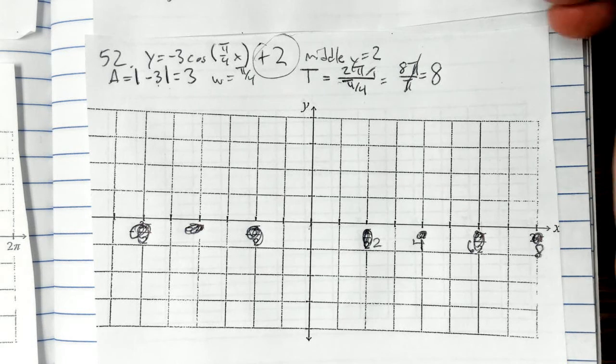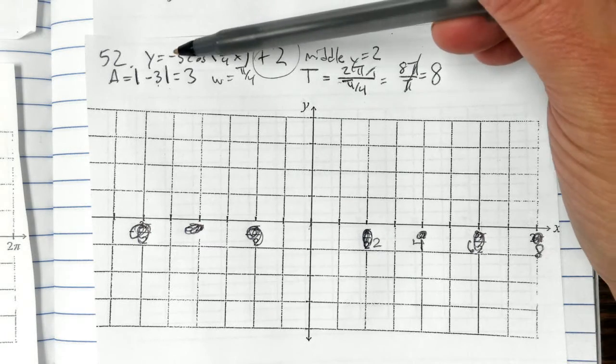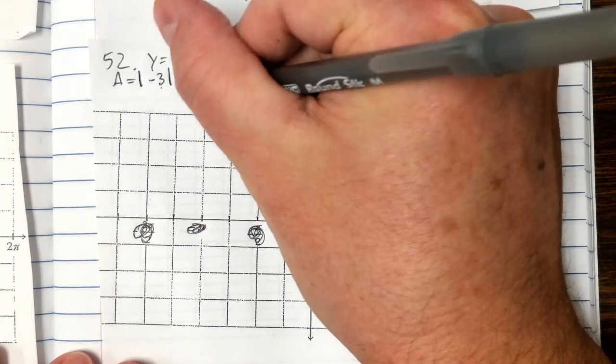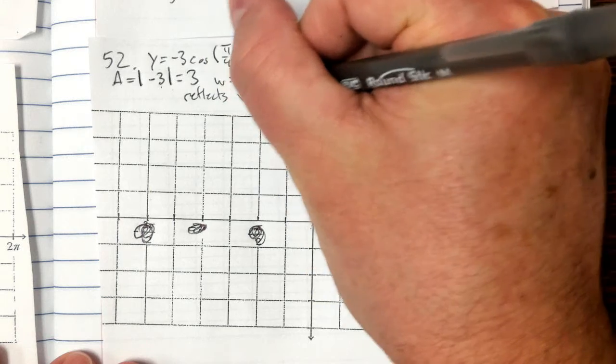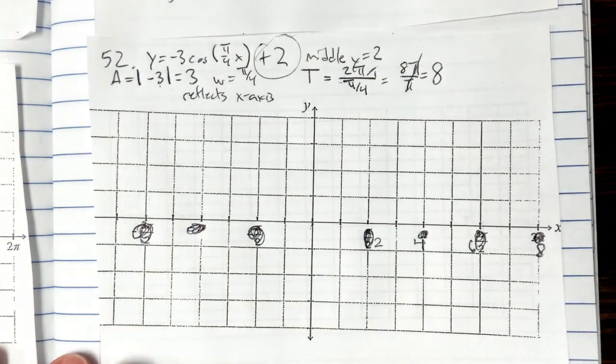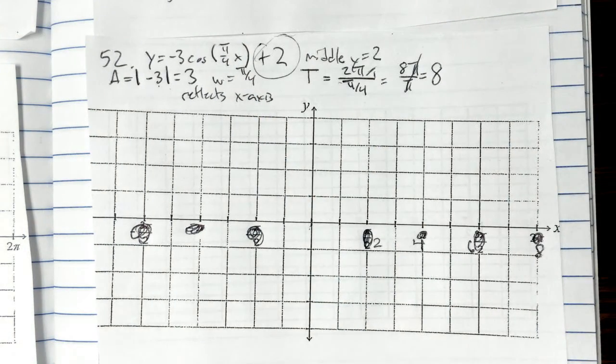Okay, we also know that the original part was -3, so that means it reflects the x-axis. It reflects the x-axis.